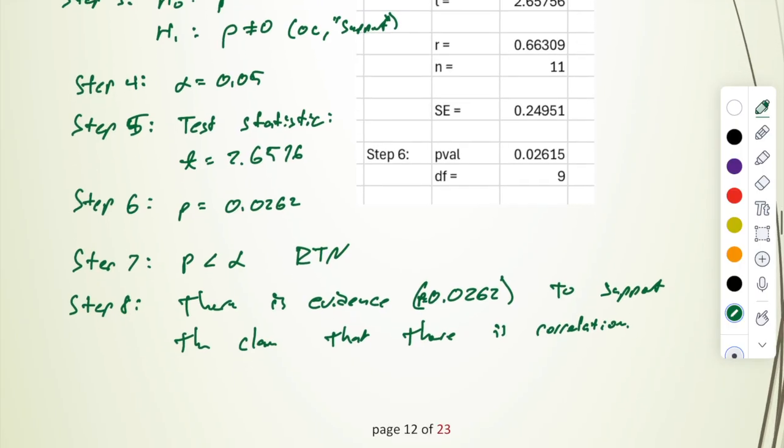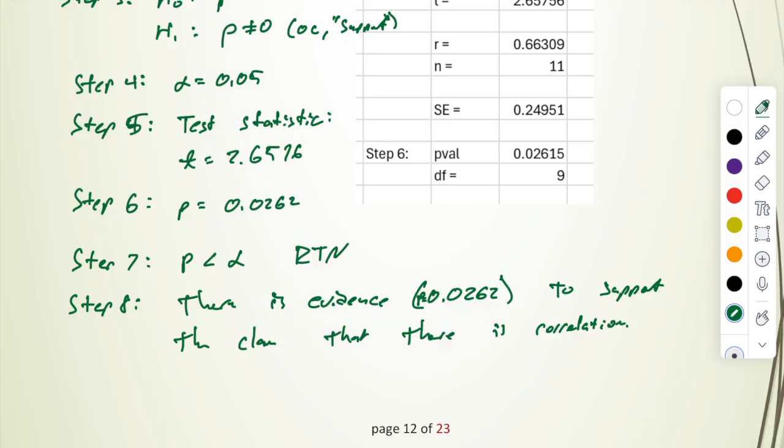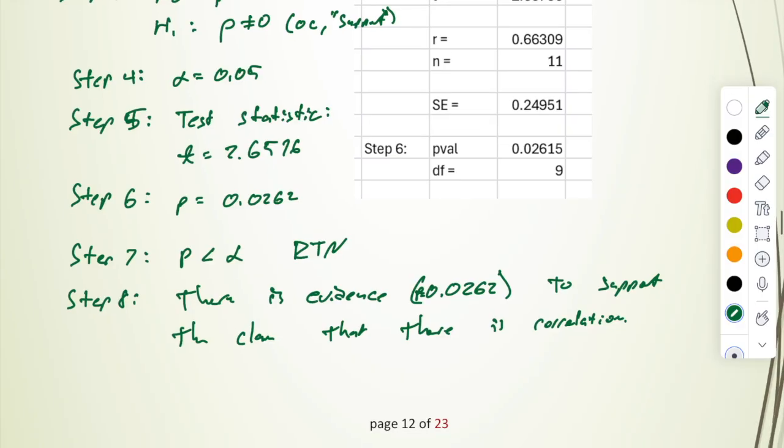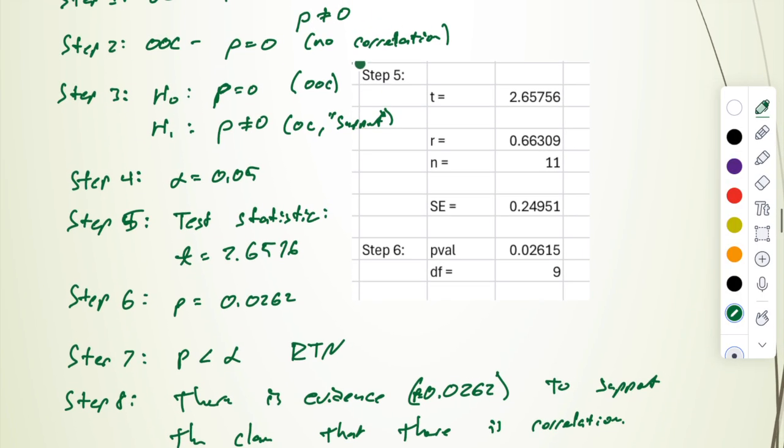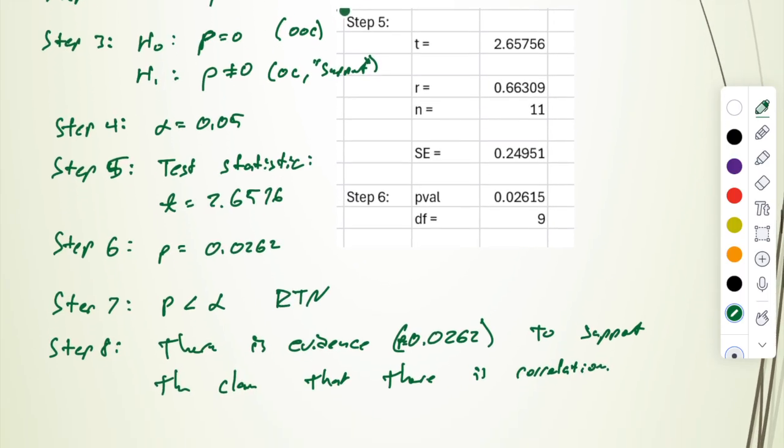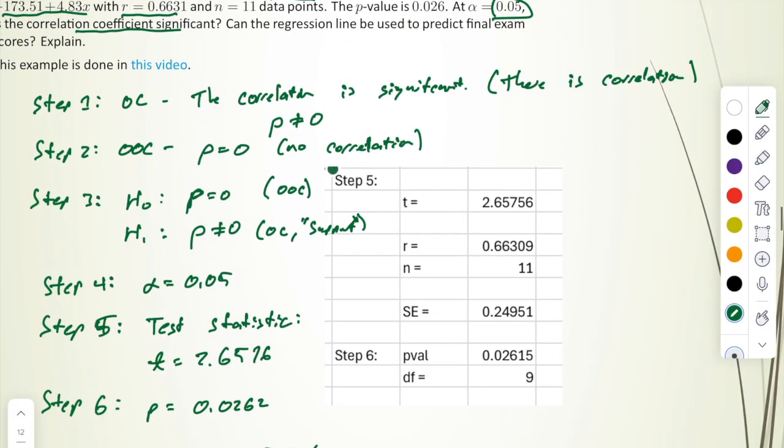Right? To assume that there is, shh, Lily. So to assume that there is no correlation would not comport with my data. Let me go back here to our Excel.